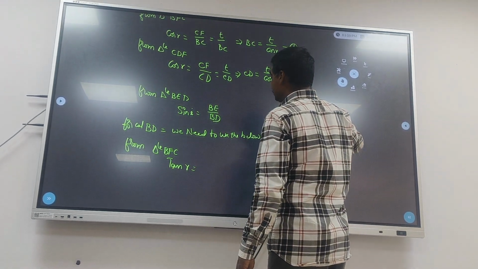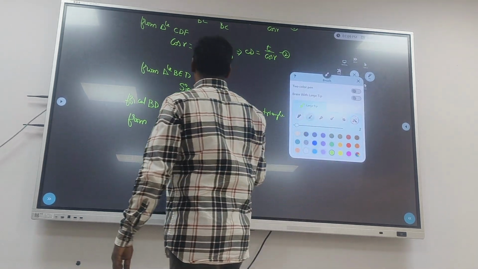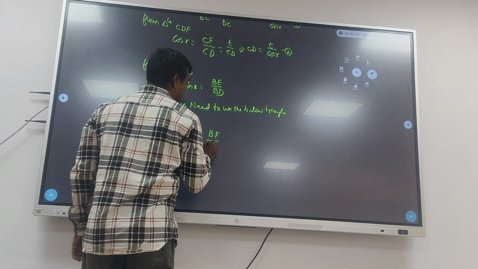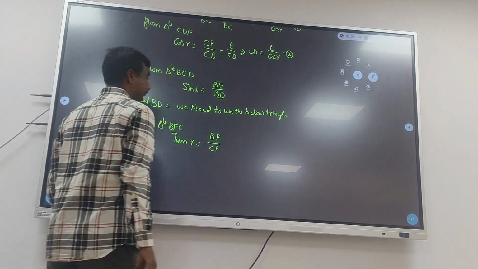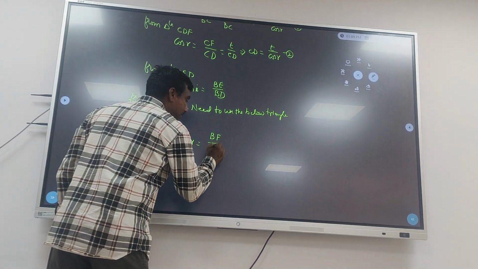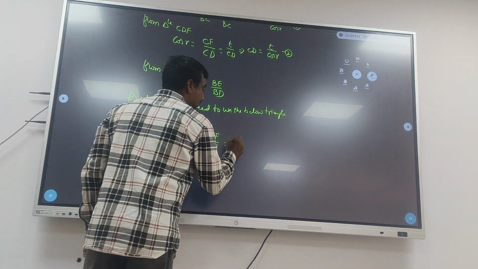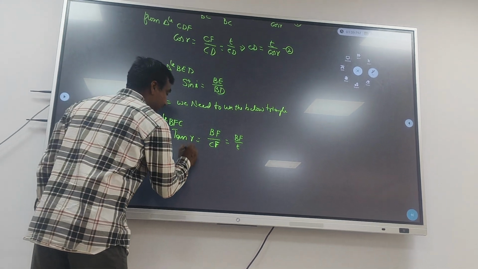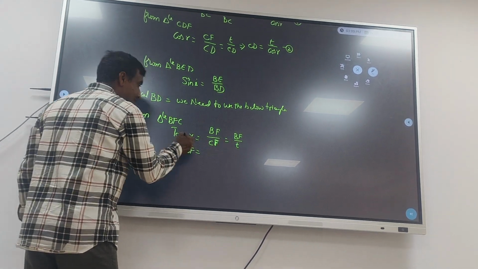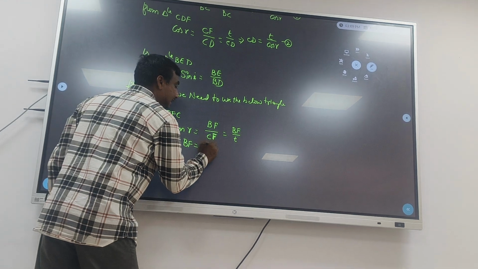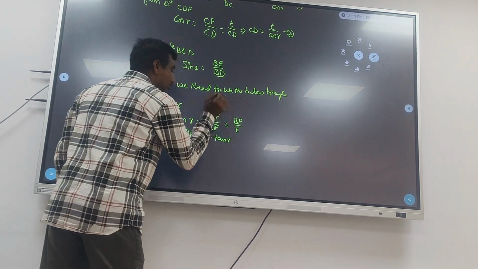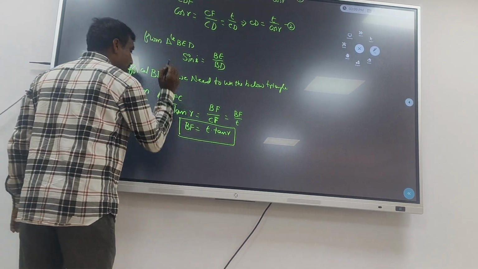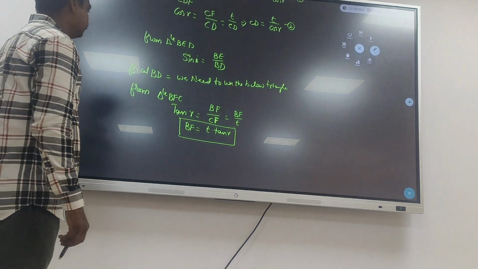So tan r value is equals to BF by CF. CF value is always the thickness of the thin film, so that it is t. So BF is equals to, when t comes over here, t tan r. So BF value is equals to t tan r. Keep this value in mind.